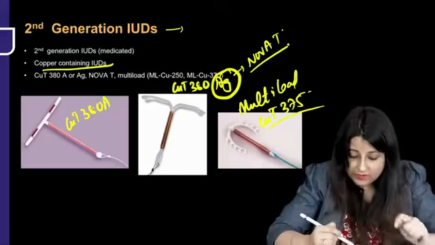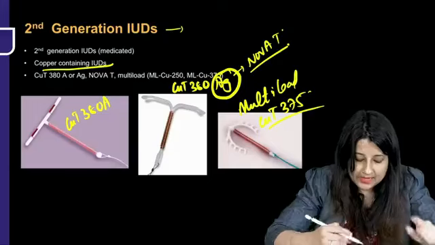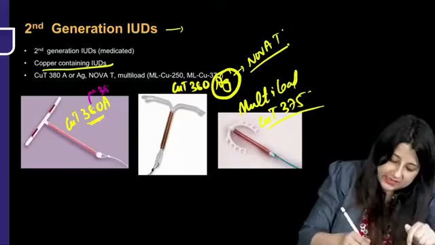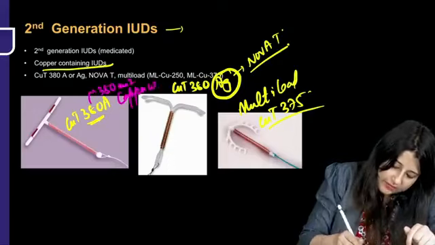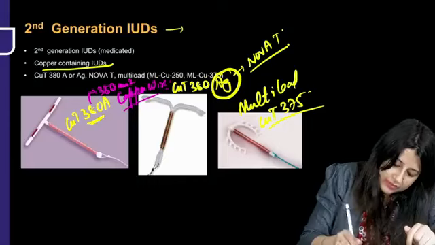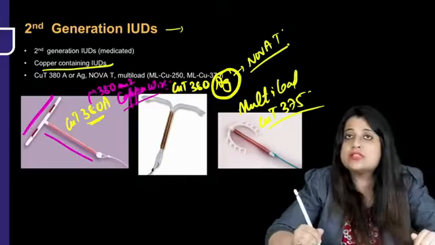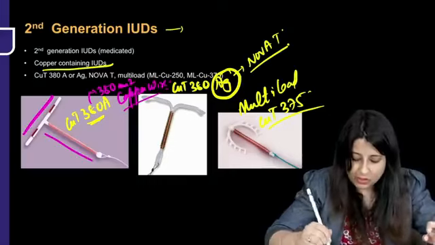Now, the question that comes in your exam is what is this 380? 380 refers to 380 millimeter square of copper wire, which is wound on the horizontal as well as the vertical stem. That is what 380A is.